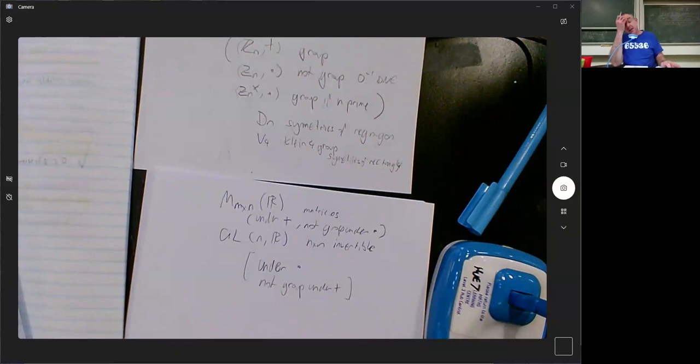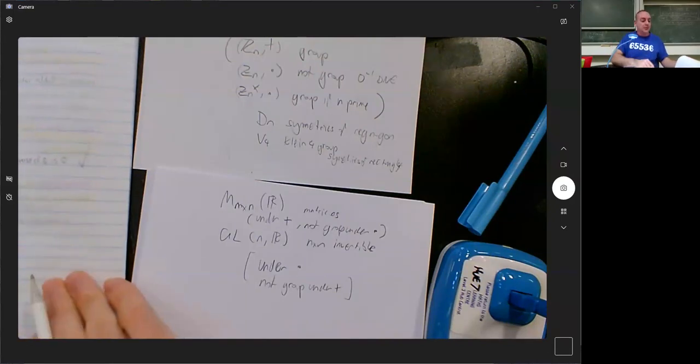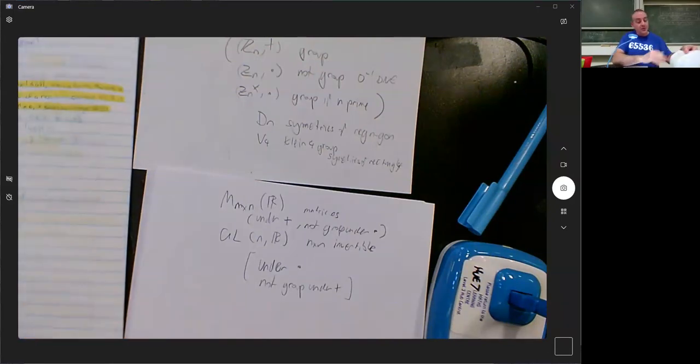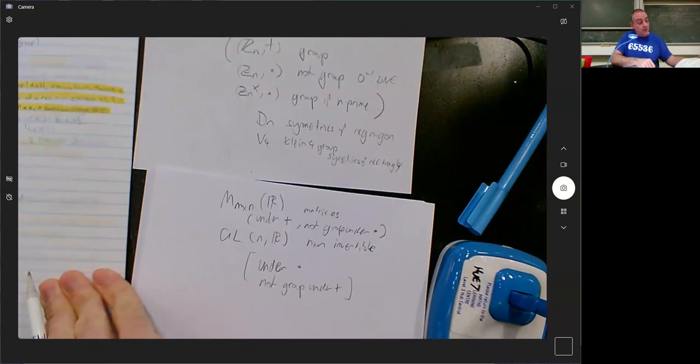So there you go. It looks like you don't have to specify the operation because it's not a group under the other option for what the operation could be. That's the important thing about them. So when you say Zn as a group, it has to be addition because it's not a group under multiplication. That's a useful question to answer. Cool.